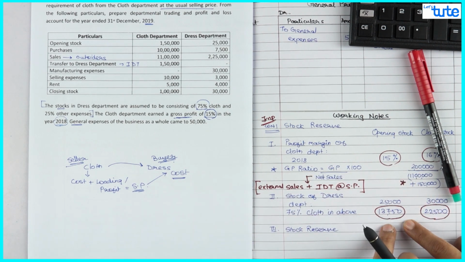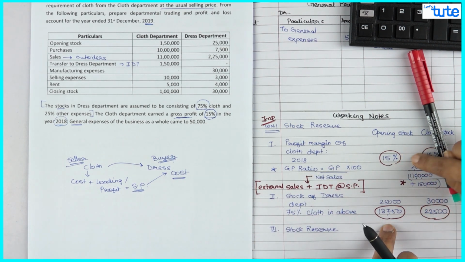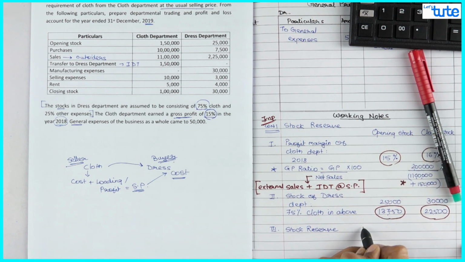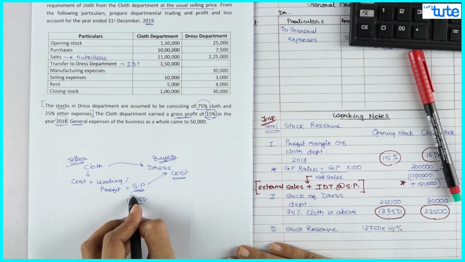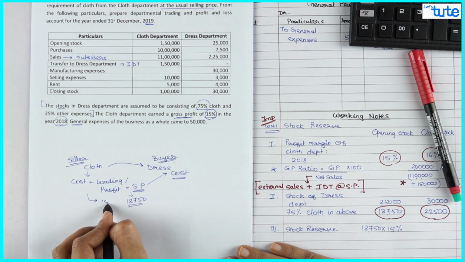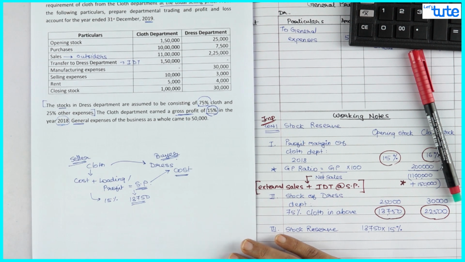So since this is a selling price and this 15% is profit of cloth, we can directly apply on this 18,750 15% of GP ratio. Over here, this 18,750 is selling price to the cloth, and on which cloth has applied 15%.